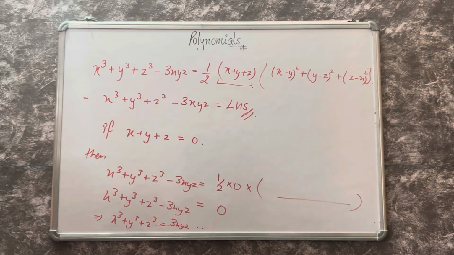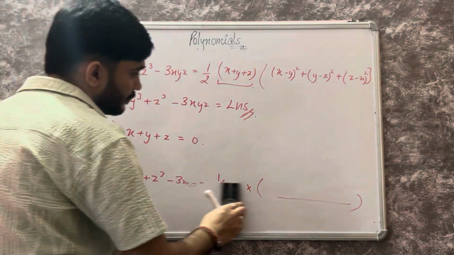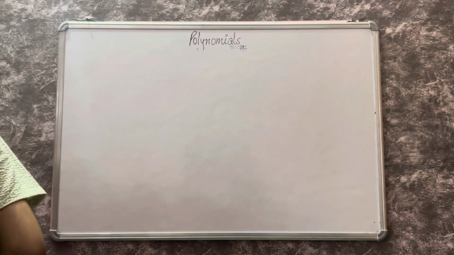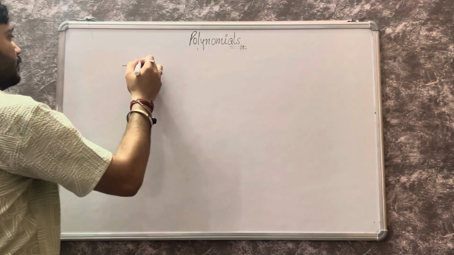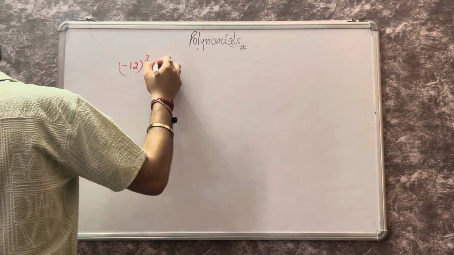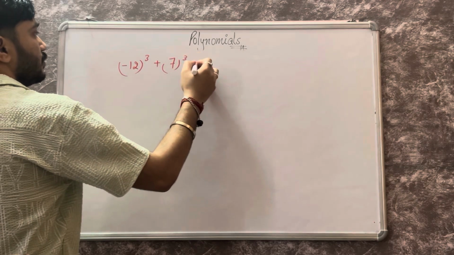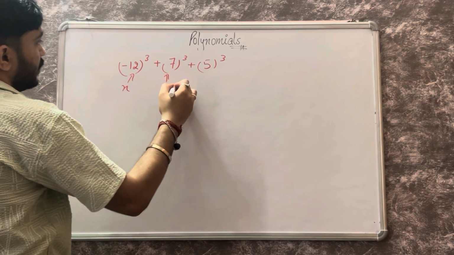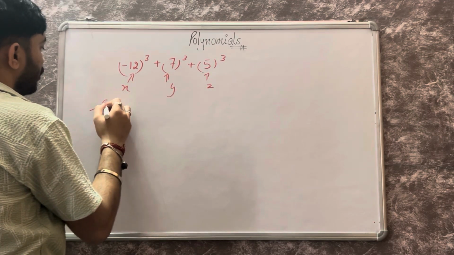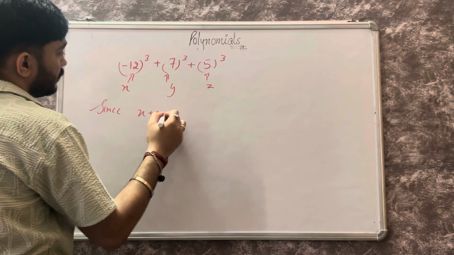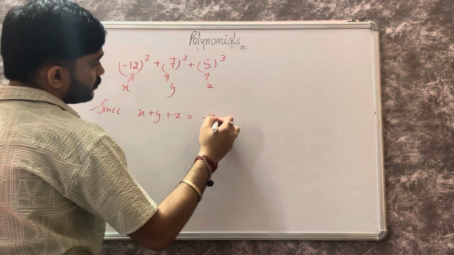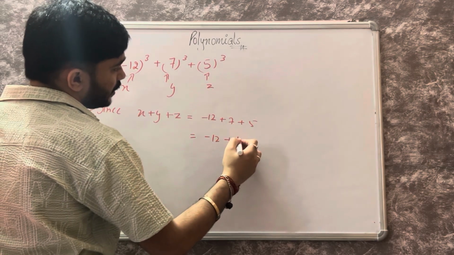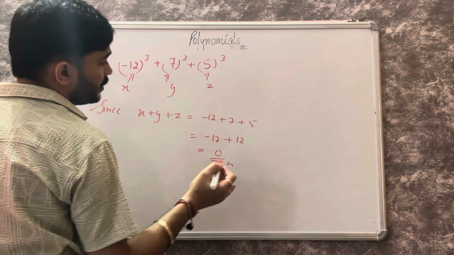We are going to solve some questions on this, that is, what if we have to find minus 12 cube plus 7 cube plus 5 cube. Here this is x, this is y, and this is z. Since x plus y plus z is equal to minus 12 plus 7 plus 5, and 7 plus 5 is 12, minus 12 and plus 12 is 0.